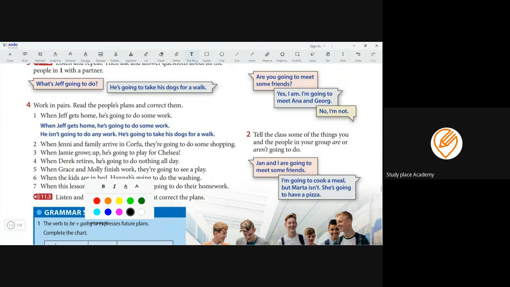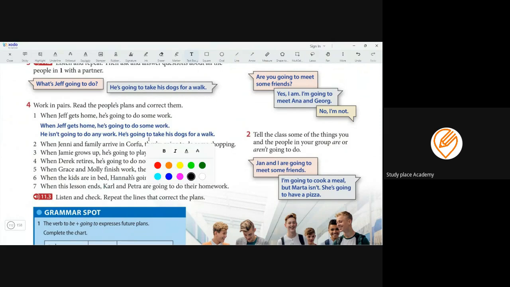When Jenny and family are arriving, they are going to do some shopping. They aren't going to do some shopping. They are not going.